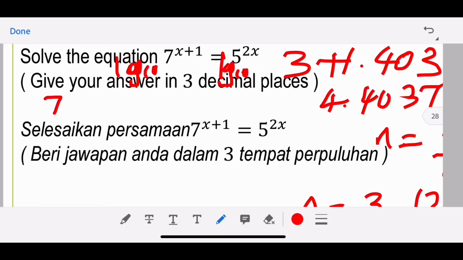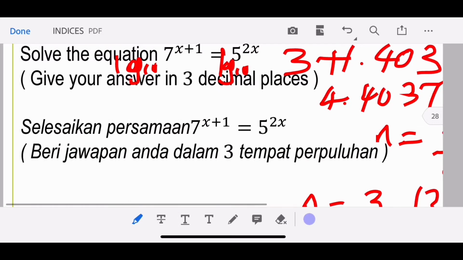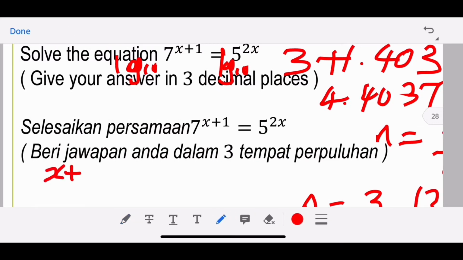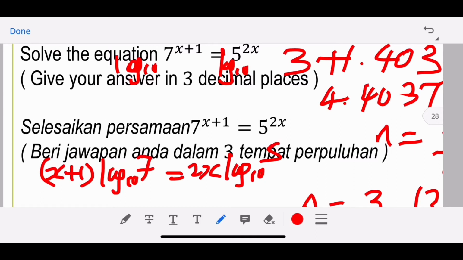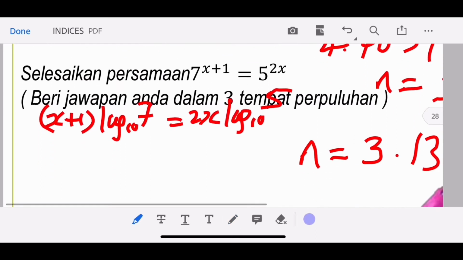So then you bring down the power: (x plus 1) log 10 7 equals 2x log 10 5, right? So x plus 1 you must put in brackets, okay? Log 10 7 equals 2x log 10 5, and then you need to simplify.